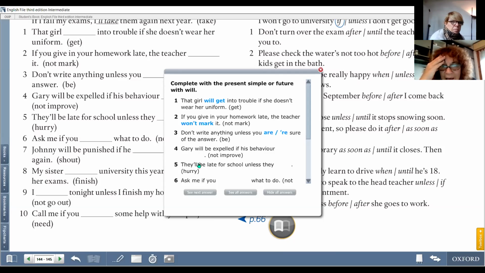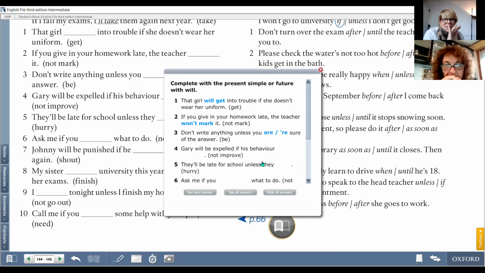Not improve. It's not changing, not getting better. Improve is when you're getting better or bigger. So we are talking about behave, that is a good way of acting.